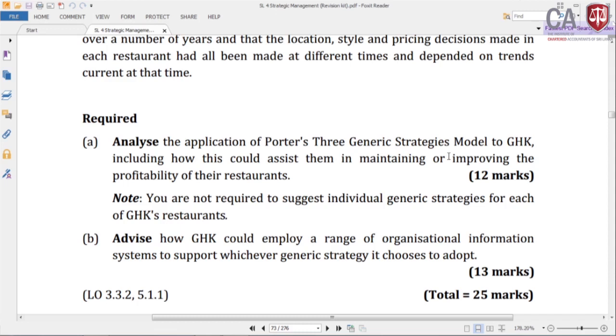You can go a further step. What are the different systems you can use? A customer relationship management database, CRM software, can be used. If you are using CRM software, you can do more with the customers.